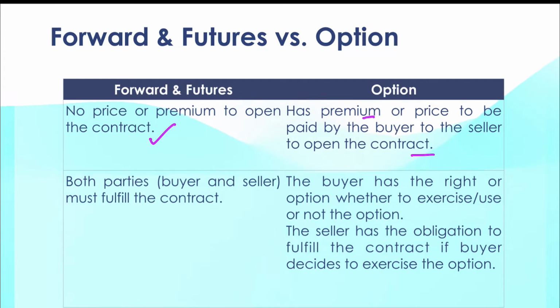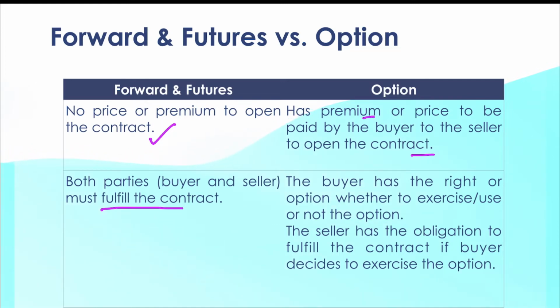For forward and futures, the second difference is that both parties, buyer and seller, must fulfill the contract. You have to use the contract. But for options, the buyer has the right or option whether to exercise or not. The seller has the obligation to fulfill the contract if the buyer decides to exercise the option.